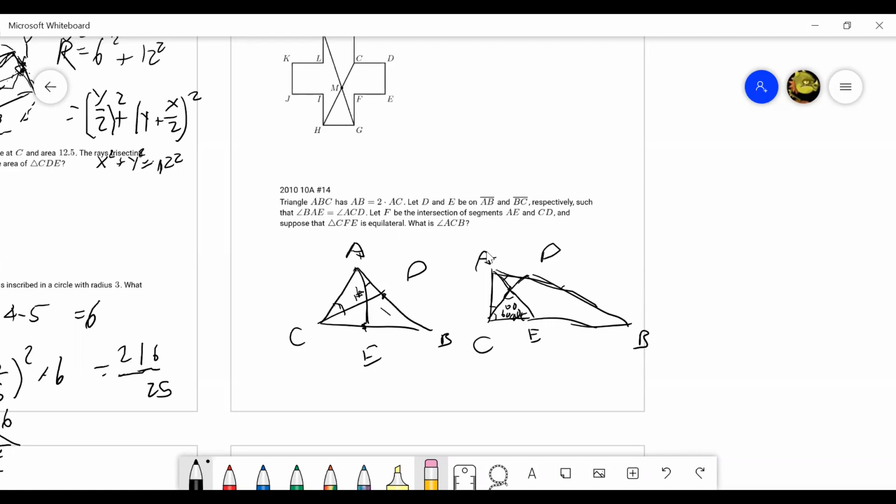Usually, when you are given one angle as equal to another angle, but you're not given the value, you just use a variable. And I think we're going to use angle x, just because x is cleaner to use. Doesn't really matter. So from there, you just label everything that you know. Oh wait, I forgot to mention that AB is twice AC, and that is going to be useful somewhere.